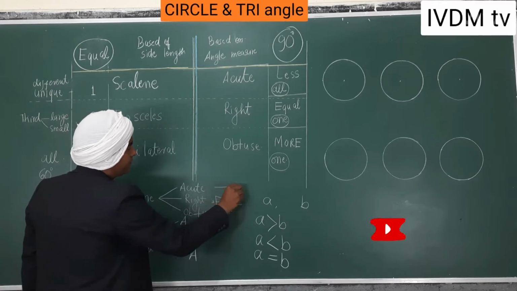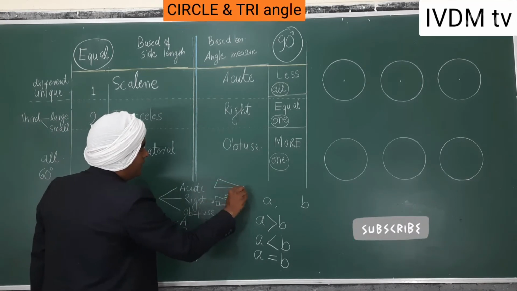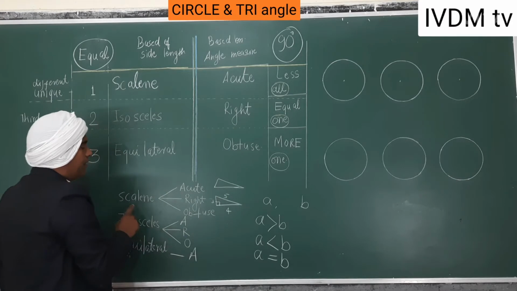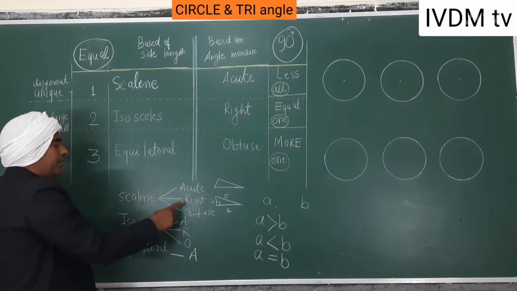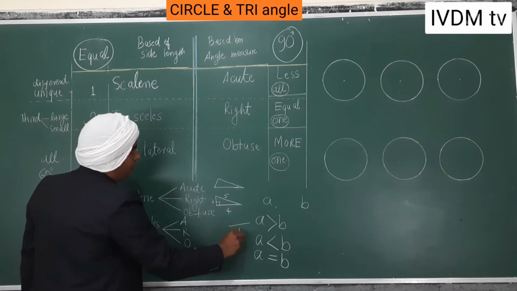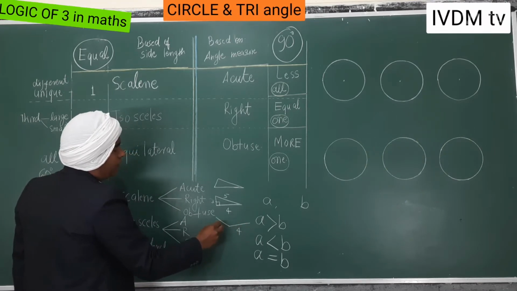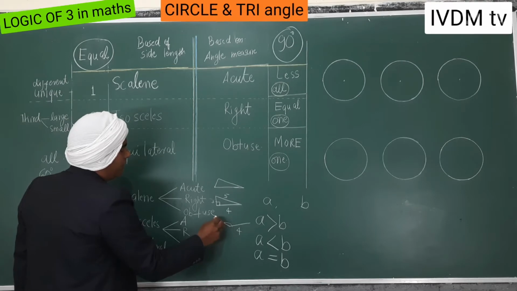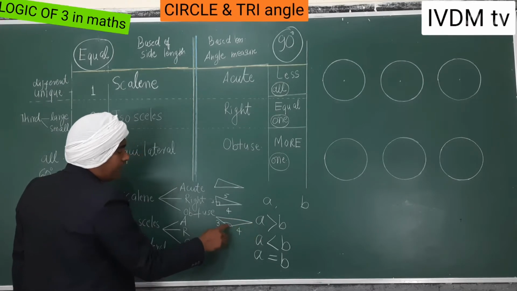So scalene may be right angle, scalene may be acute. Suppose like this, all the sides are different. Scalene may be acute, scalene may be right, scalene may be obtuse also. Just like here 4, and if you take 3 here, so it will be 7 or 8 or 9, depends on the angle.